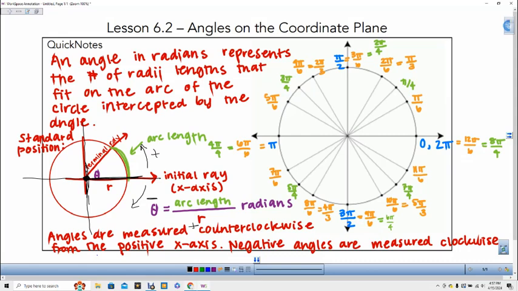That simply means that when we go from pi over 6 to 2 pi over 6, which reduces to pi over 3, those are multiples of each other. And we can count all the way around: 1 pi over 6, 2 pi over 6, 3 pi over 6, 4 pi over 6, 5 pi over 6, all the way around to 12 pi over 6. You're going to notice that all the way around, angle measure in radians is 2 pi.